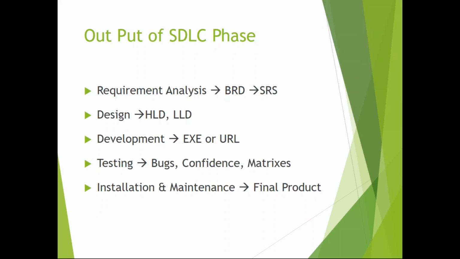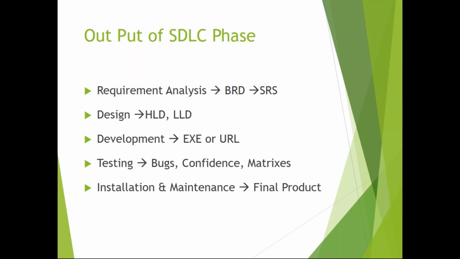There are two types of application produced by the developer: either an exe file for a Windows application or a URL for a web-based application. Now that comes to the testing team. The application, LLD and SRS come to the testing team, and they write the test cases and execute those test cases based on that application.